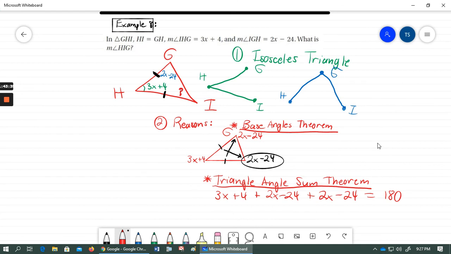All right, so when we solve it out, combine our like terms, 3x, 2x, and 2x, that gives us 7x. And when we put the constant terms together, the 4, the negative 24, and the negative 24, we get negative 44.